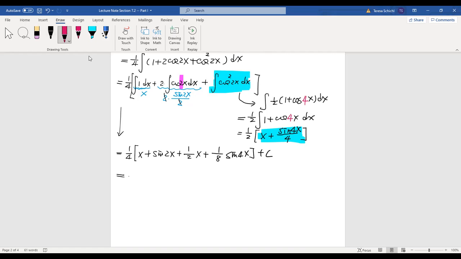So here x plus 1/2 of the x. So what is this? 3/2 of the x, right? So times 1/4. What do I have here? 3/8 x. Then plus 1/4. This is sine 2x over 4. Then plus 1/32 sine 4x plus c.